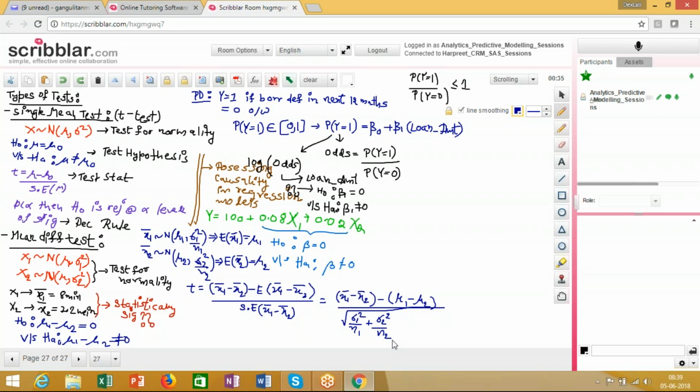Now, what am I trying to test over here? I am trying to test mu1 minus mu2 equal to 0 versus mu1 minus mu2 not equal to 0. That is, whether the difference between the two means is statistically significant or not.